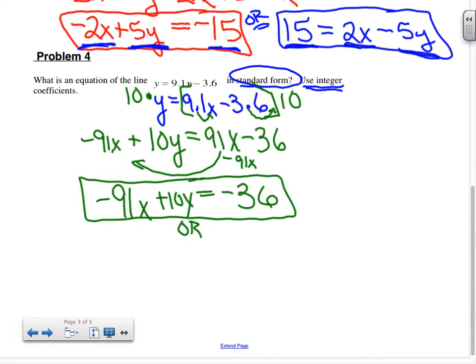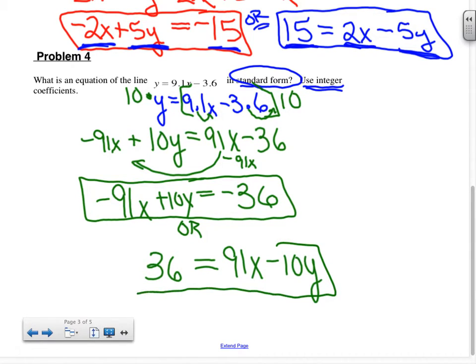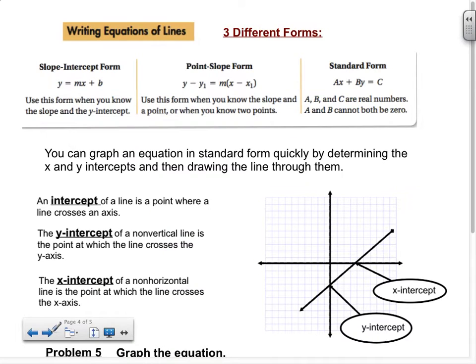Or, remember, what if you had put negative 36 on the other side and all the x and y terms on the right side? Then it would be 36, 91x, and negative 10y. Again, I'm not showing my work on that. You just have to either trust me or move it yourself and see that it does work. Okay, page 2, I think that's 2, is done.